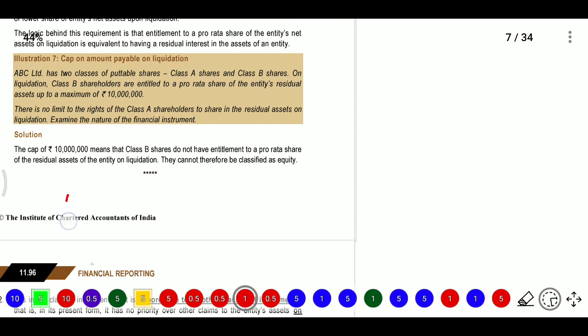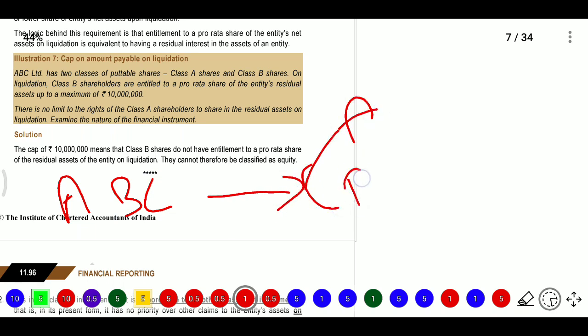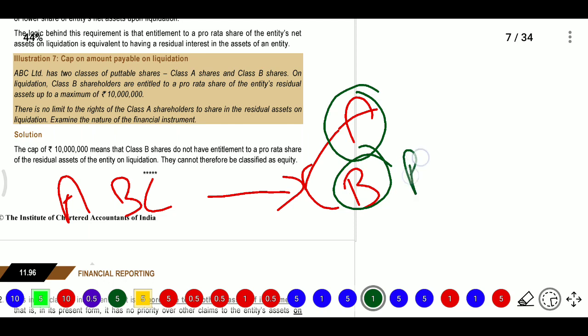ABC company has two classes of shares, A and B, both putable shares. On liquidation, B shareholders are entitled to pro rata shares, but they will get a maximum of 10 lakh rupees.